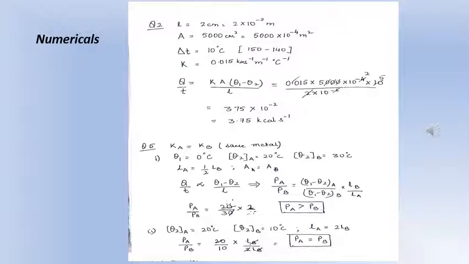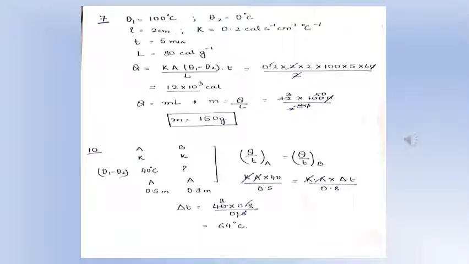So the rate of transmission for A upon B comes out as 1. Therefore, they have the same rate of transmission. Let us now take question number 7.